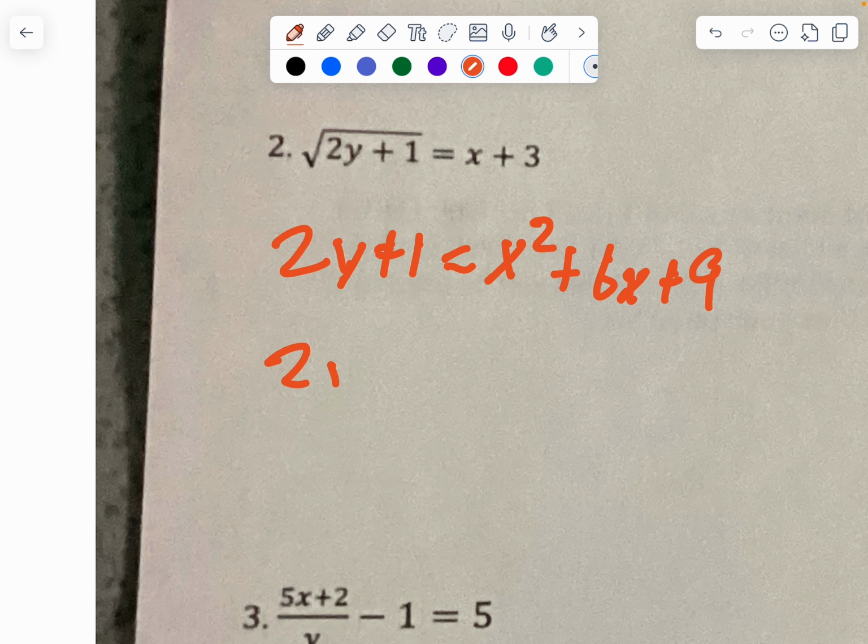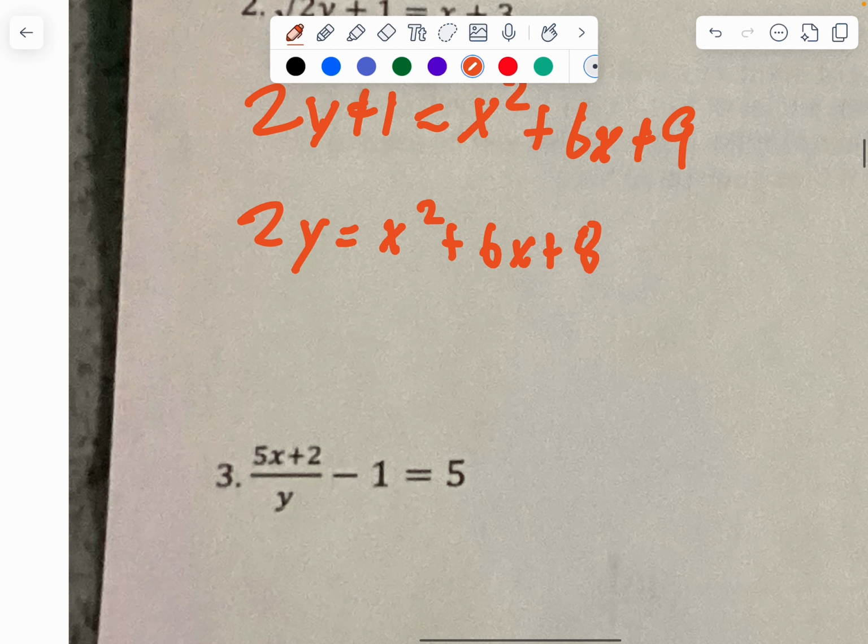Now you're going to simplify. Now you divide by 2.